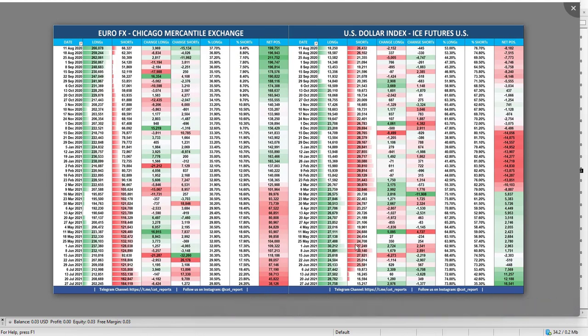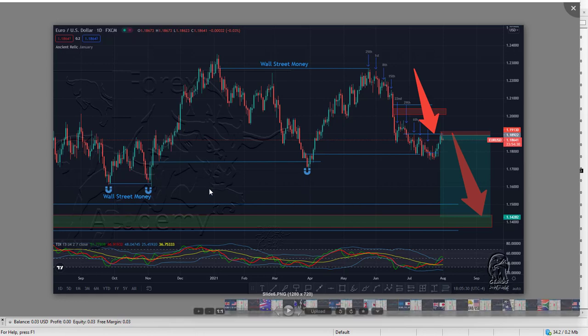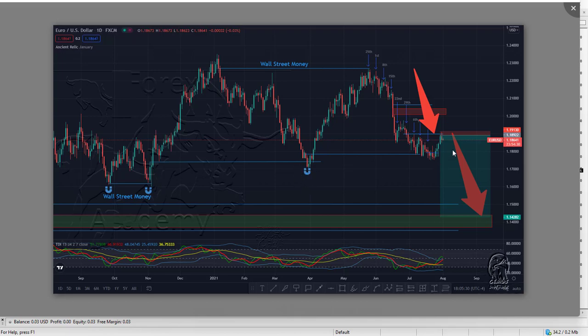This is how I'm anticipating: I'm looking for this market to target this zone, and once we have taken out this zone, probabilities are the market might push to take out this Wall Street money.